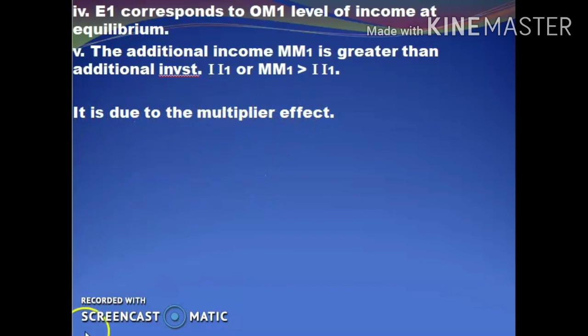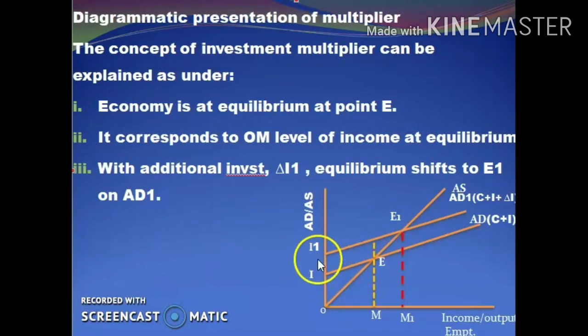Just see the diagram. You can see the shift here, from this to this one. The shift in investment is less compared to the income as it is increasing. Income is doubling as investment has a slight change.